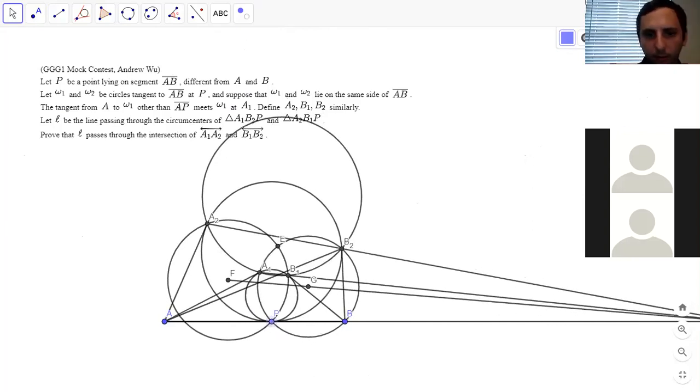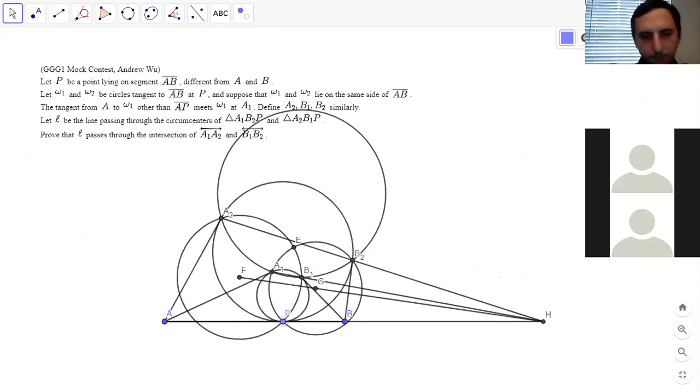Yeah, okay, so I'm going to erase that line. So basically we want to show FG is the polar.